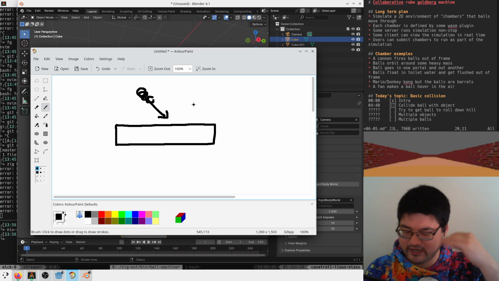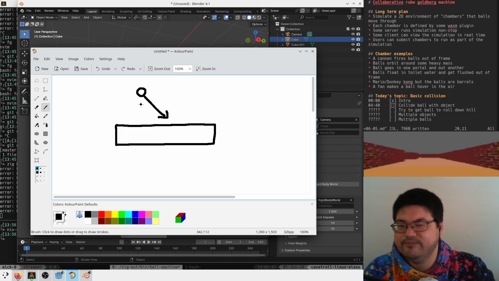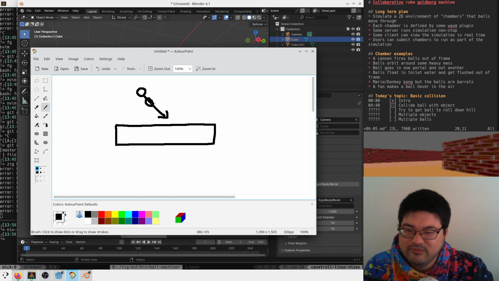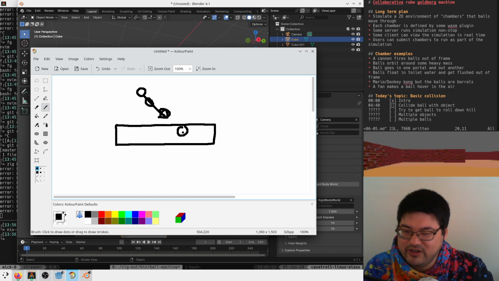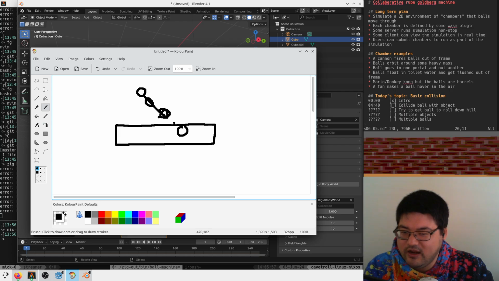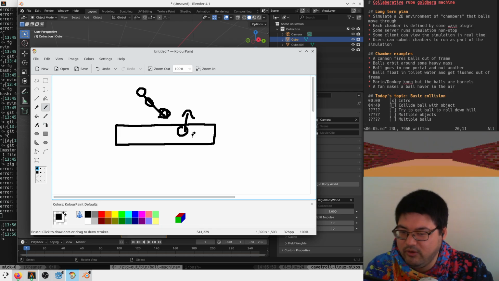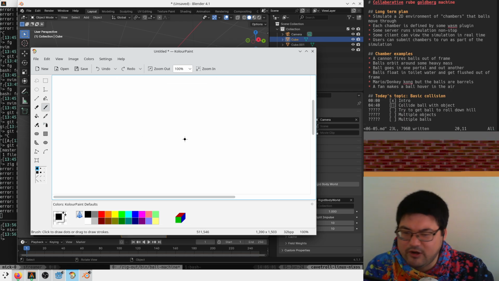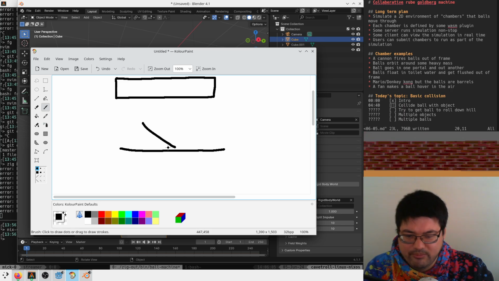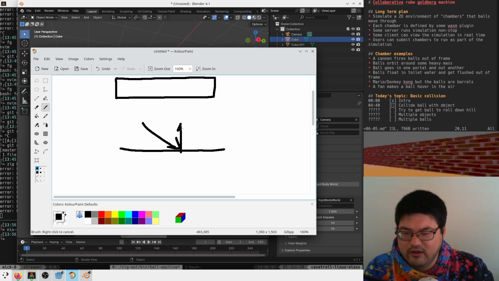I'm building a mental model based on all of those things. What I'm assuming is that the ball moves in steps, eventually they check for collision, and if this is inside this thing, they push it out, right? Hand wavy.